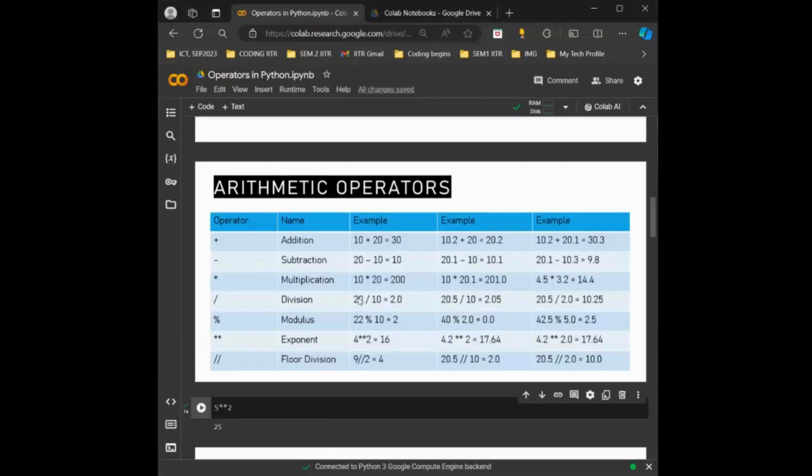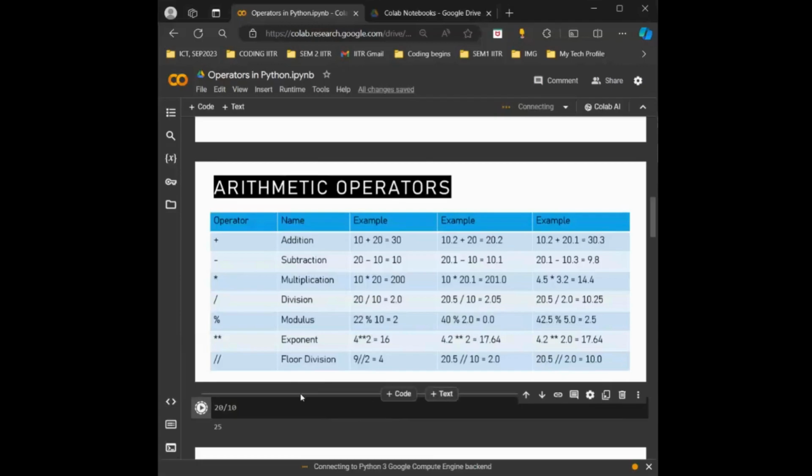Like in the division case, when we divided 20 by 10, it gives me 2.0. But if I add double slash instead of single, the result will be 2. Let me run the code and show you the execution of both operators, the division and the float division.